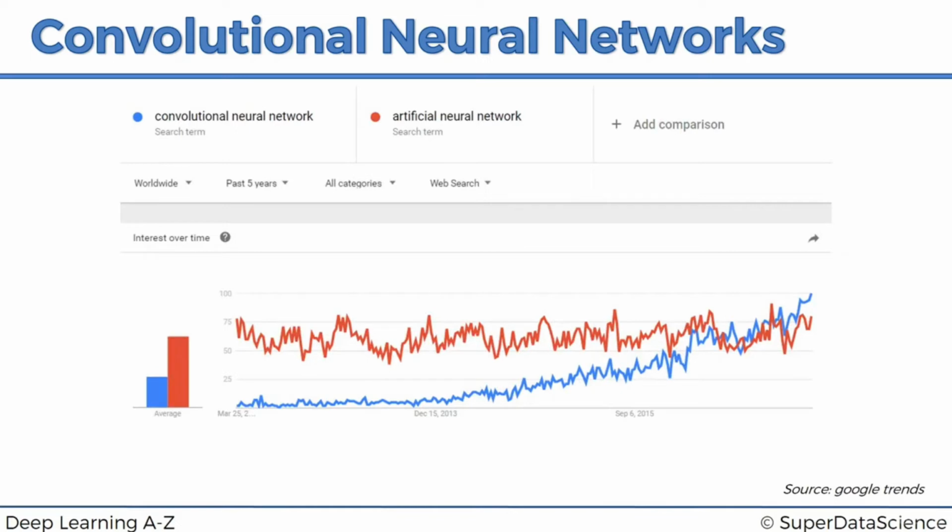You can see here a Google Trends comparison I did just yesterday. Here you can see that convolutional neural networks are even taking over artificial neural networks. So a massive increase, and they're just going to keep going that way, because it is a very important field. That is where all the things happen, such as self-driving cars. How do they recognize people on the road?